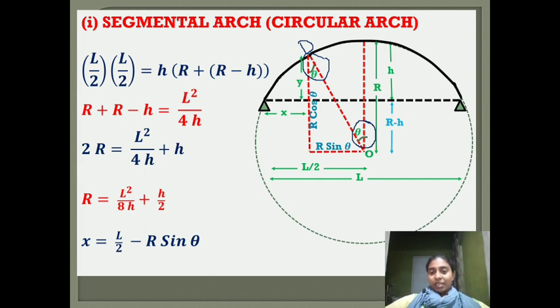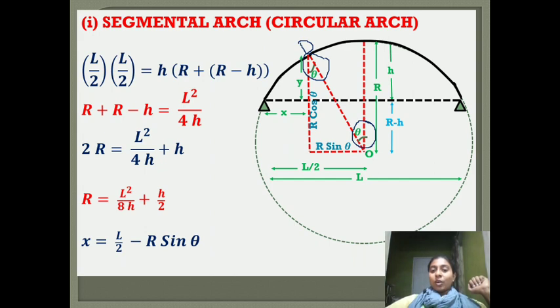Now we extend this line. See, we know this is x and this is y. So from the section D, we draw parallel lines to x and y. That means we draw a horizontal line and a vertical line.